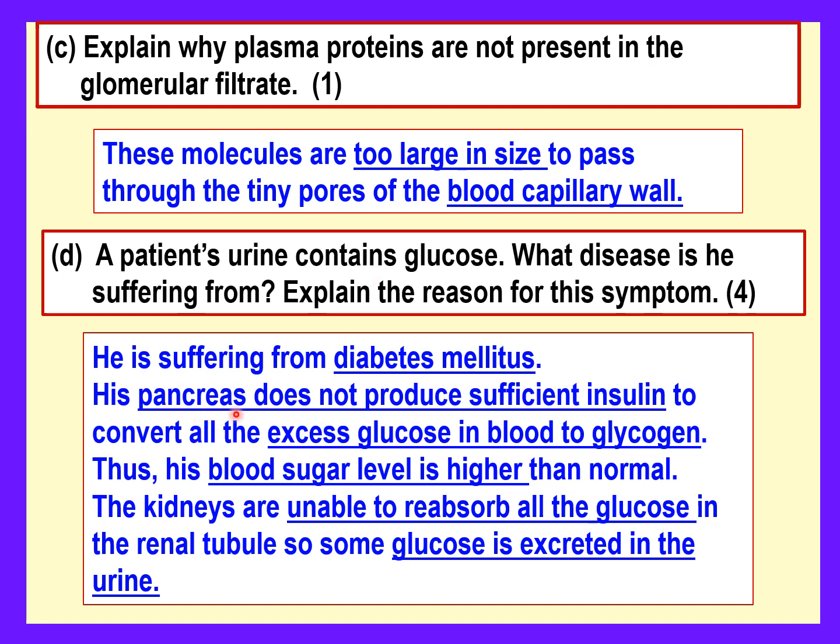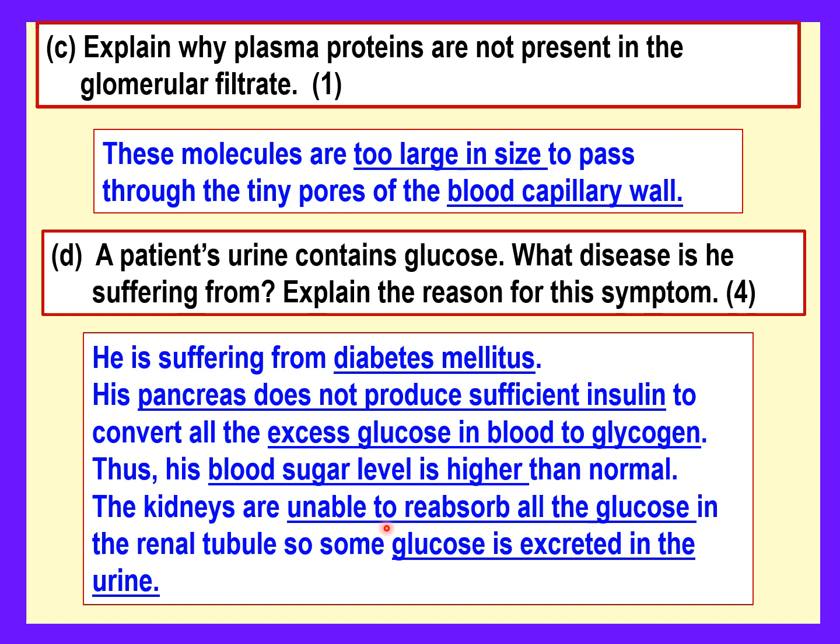Now, his pancreas did not produce enough insulin to convert all the excess blood glucose to glycogen. So his blood sugar level is high. That's the reason for the glucose in the urine. When his blood sugar level is higher than normal, the kidneys are unable to reabsorb all the glucose back into the blood in the proximal convoluted tubule.